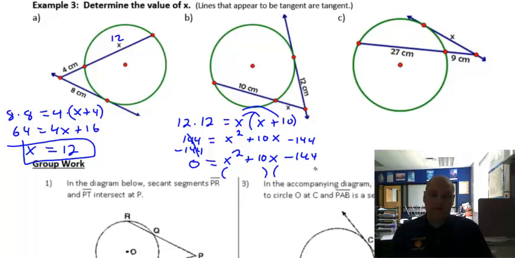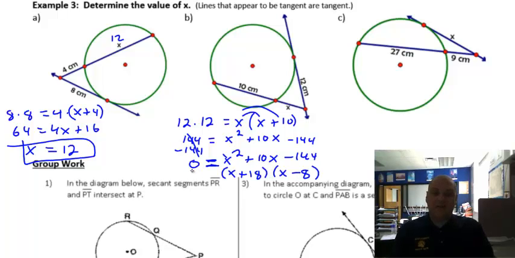We've hardly done any of that this year, but you should know how to factor something basic like this. It would be x plus 18 and x minus 8. You probably wouldn't come up with that fast, but you could figure out factors of 144 that give you a difference of 10. It's going to be 18 times 8. 18 times 8 is 144. 18 minus 8 is 10.